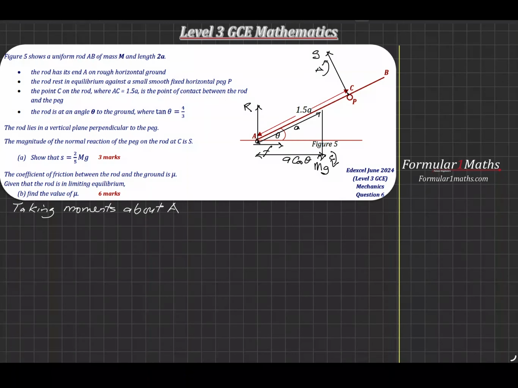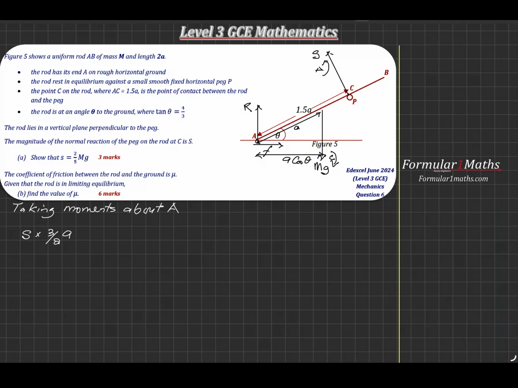So the moments will be due to these two forces. The anti-clockwise moments will be this force times this perpendicular distance here. And that will be S times 3/2 a, because I prefer to change that to 3/2 a. And that will be the anti-clockwise moment.